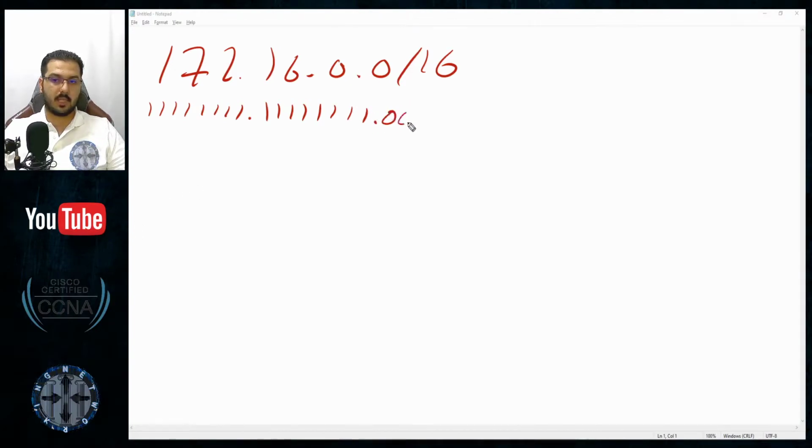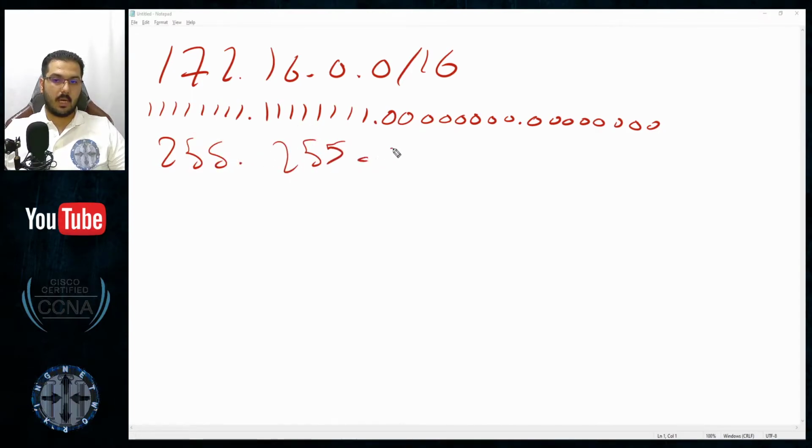So 16 ones, 16 zeros in binary. In decimal, when all of them are ones, it is 255. So the mask is 255.255.0.0. This is the subnet mask.